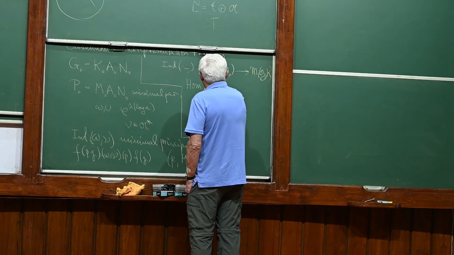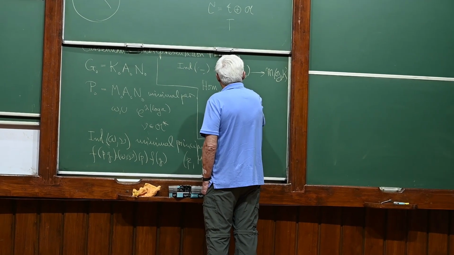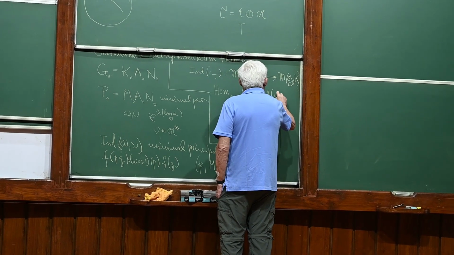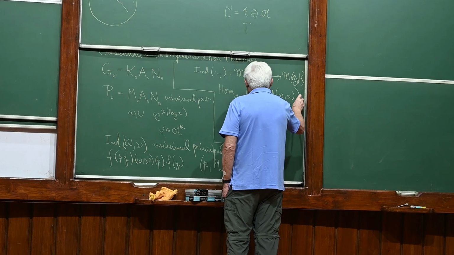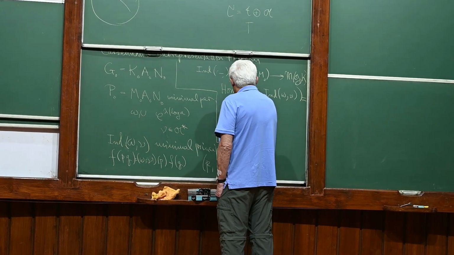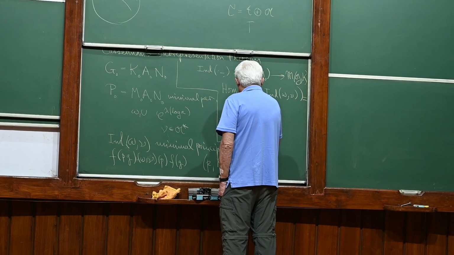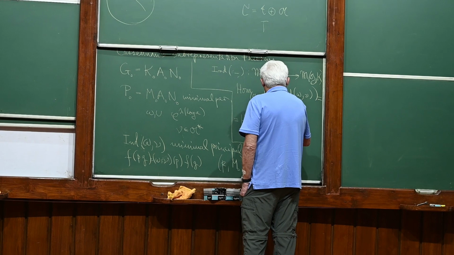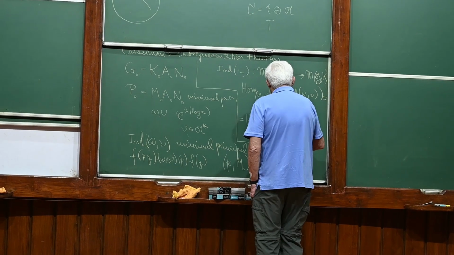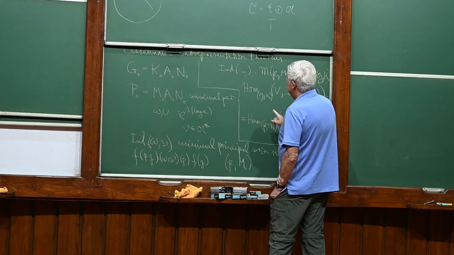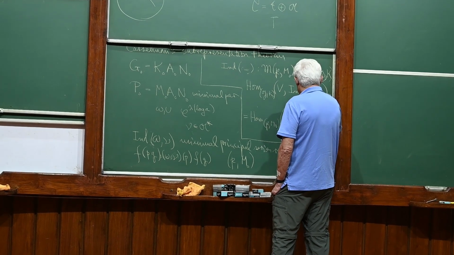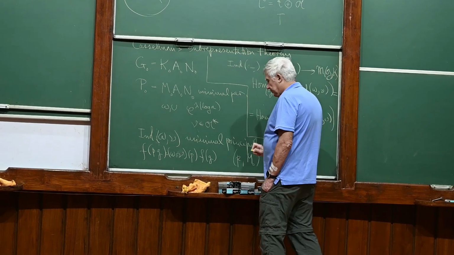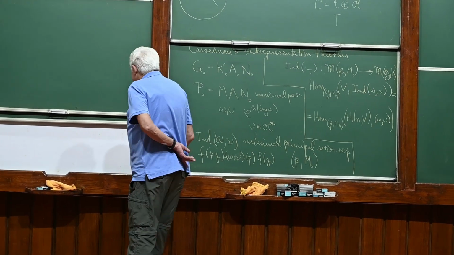So Hom in the category of (g, K) modules of V and this induced module is Hom in the category of (p, M naught) modules of the zero N homology, this is Iwasawa, of V and omega nu.